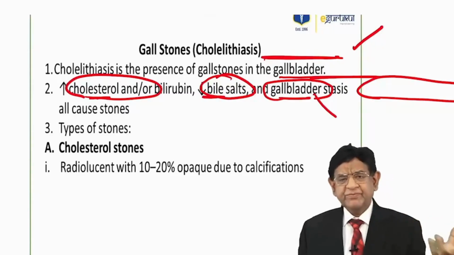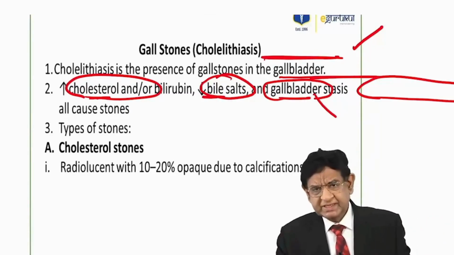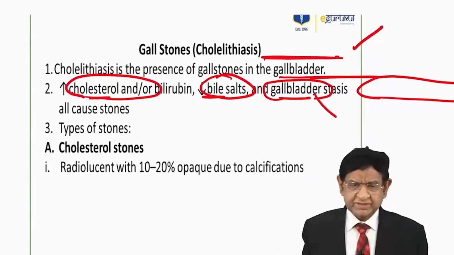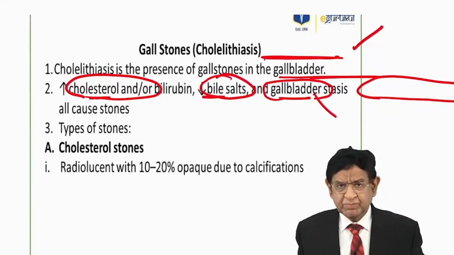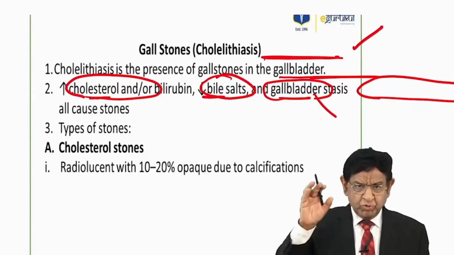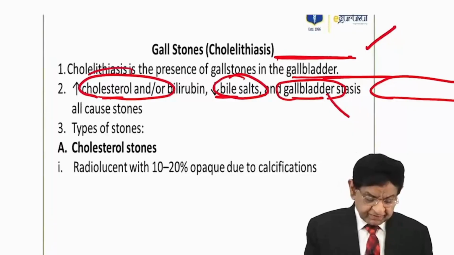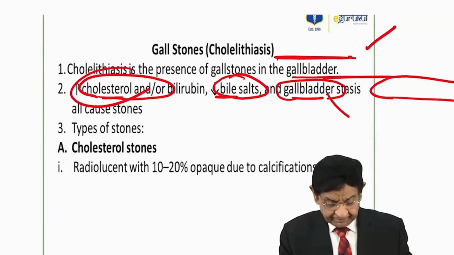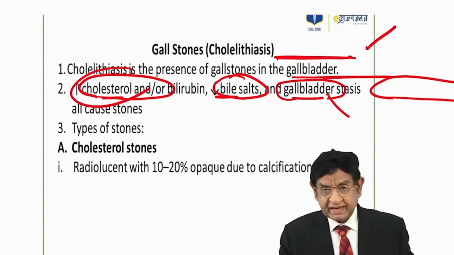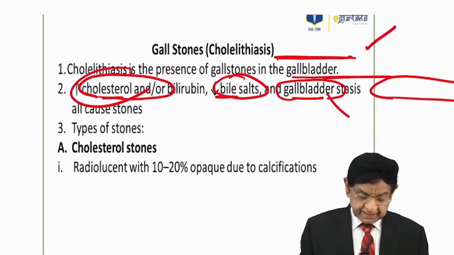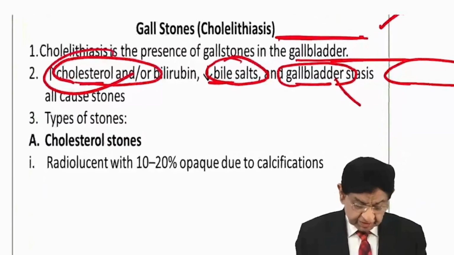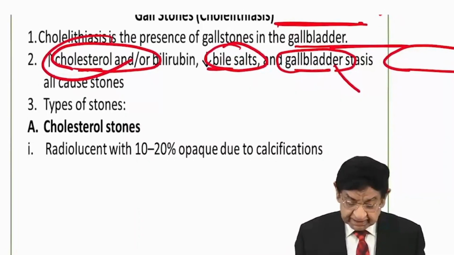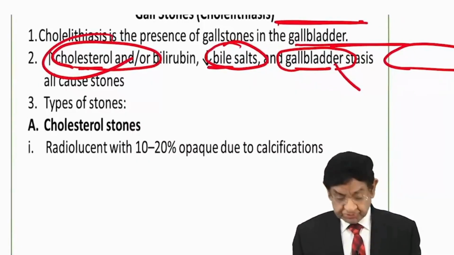If stasis occurs, since the function of the gallbladder is concentrating, more and more concentration means cholesterol content will go high, and that will predispose to stone formation. I'll talk about all this again in the coming slides, but as of now we learned that increased cholesterol, increased bilirubin, decreased bile salt and gallbladder stasis will lead to stones.